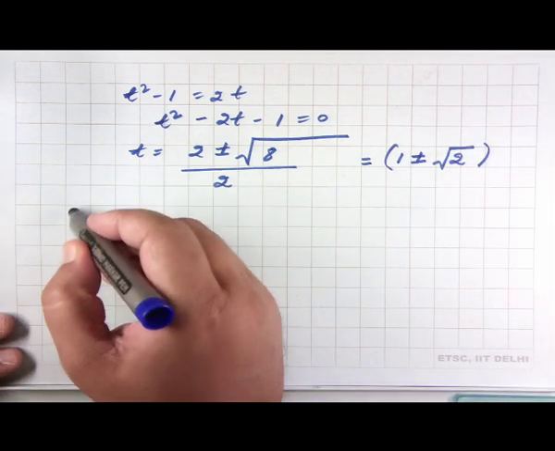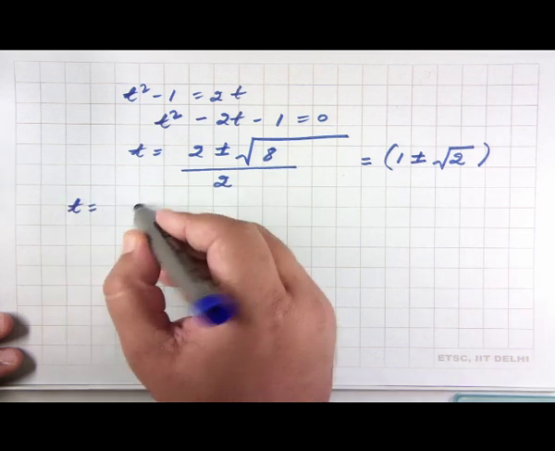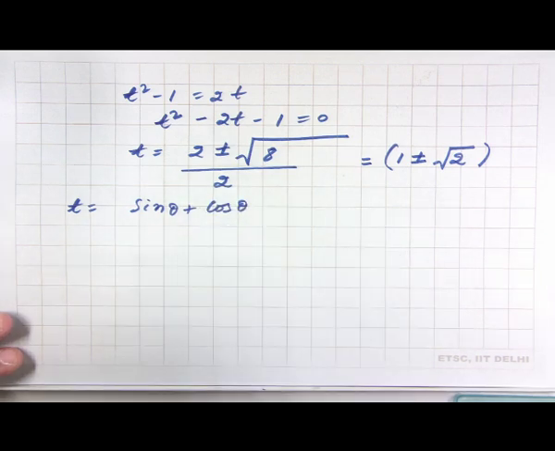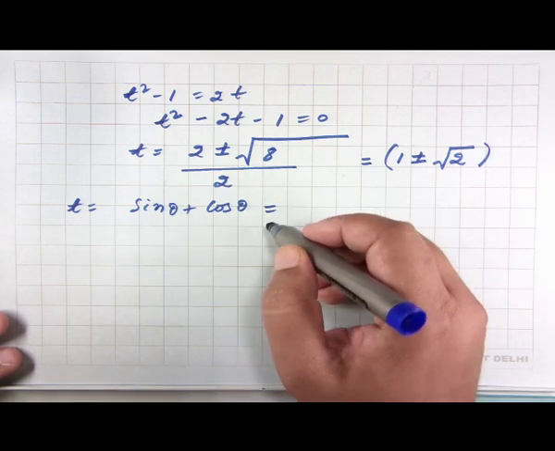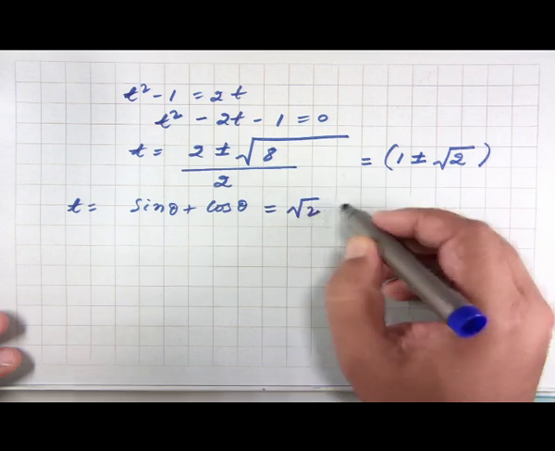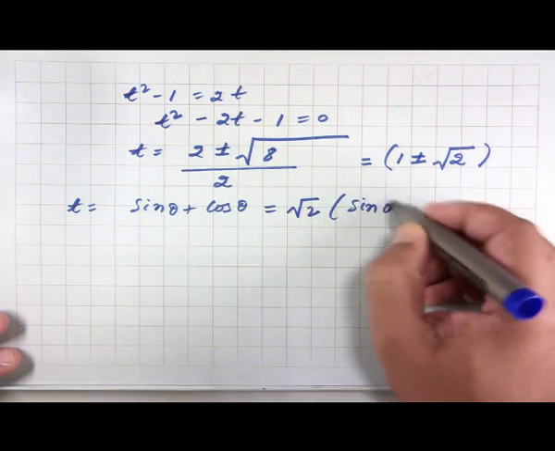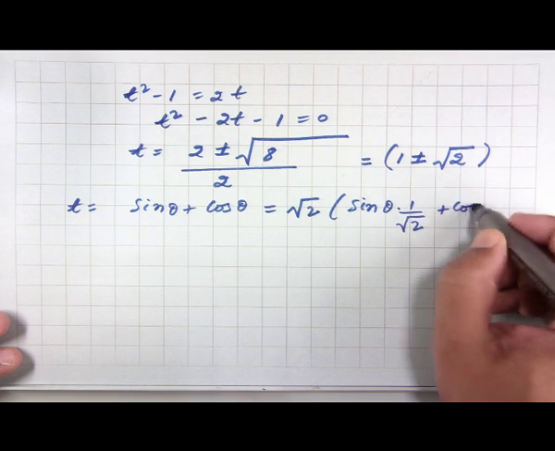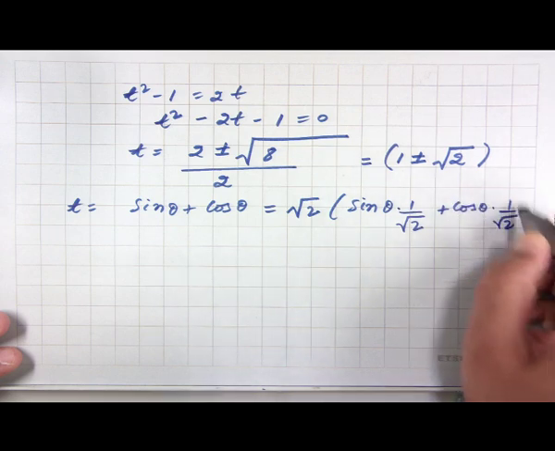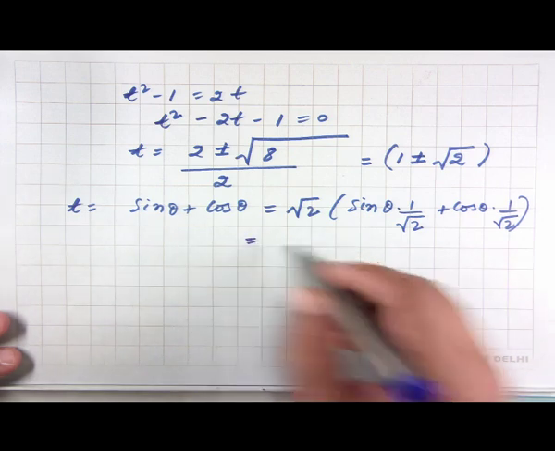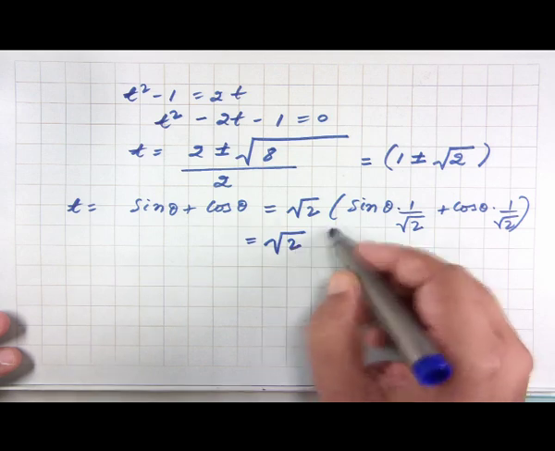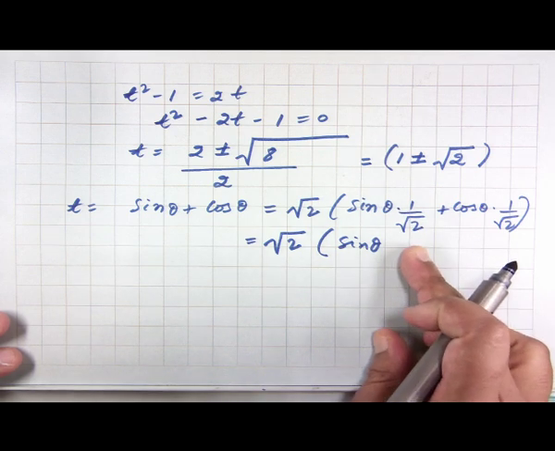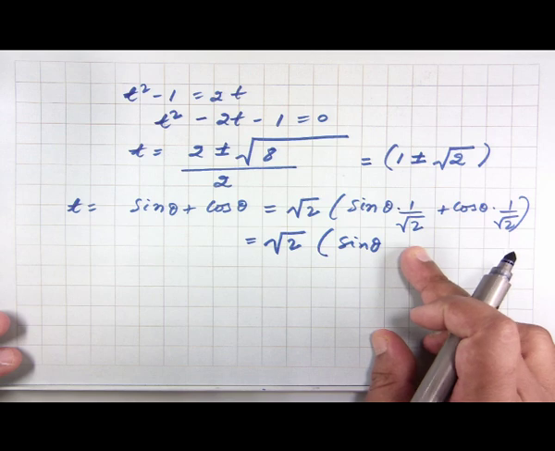Now, we know that t is equal to sin theta plus cos theta, which can actually be written as square root of 2 into sin theta times 1 over root 2 plus cos theta times 1 over root 2. Now we know that 1 over root 2 is cos pi by 4, and it is also equal to sin pi by 4.